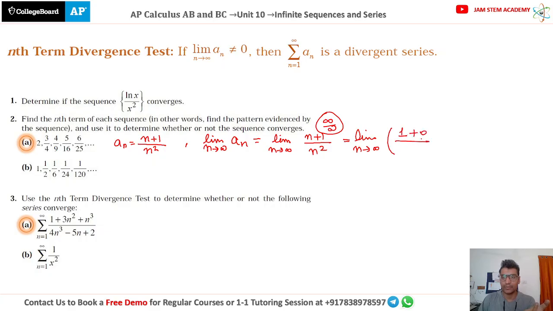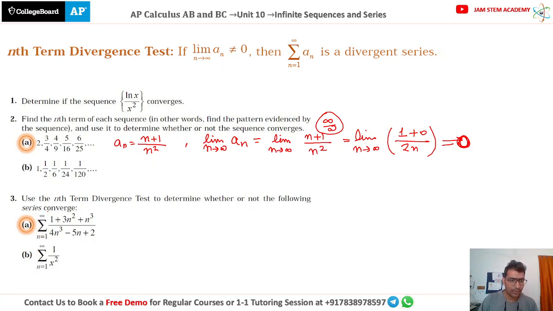And differentiate the denominator: 2n. So 1 by 2n, n tending to infinity. Obviously, this number is going to be 0. It is approaching 0 because you have 1 by n, and n tends to infinity gives you 1 by n tending to 0. So in this case, yes, we can say the series is convergent.